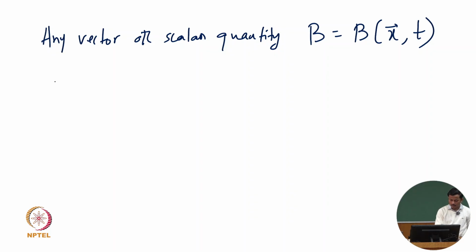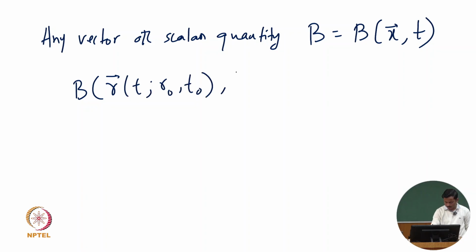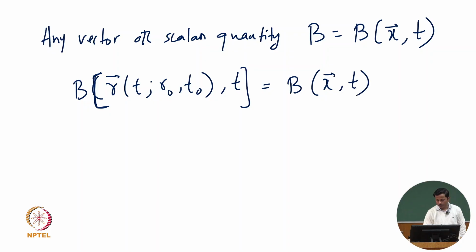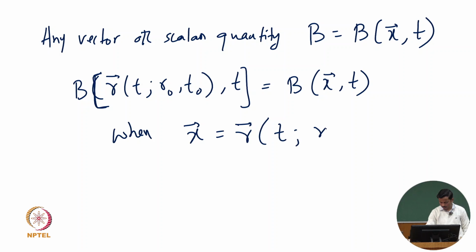So let's say this quantity b should be equal, regardless of the Eulerian or the Lagrangian description, if the position at which you are measuring the quantity is the same.